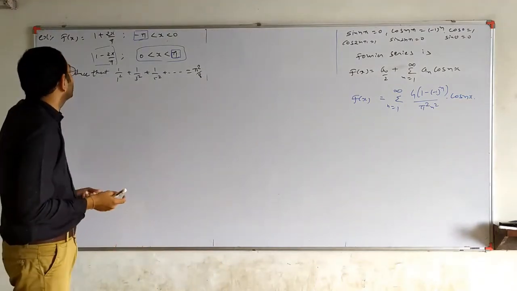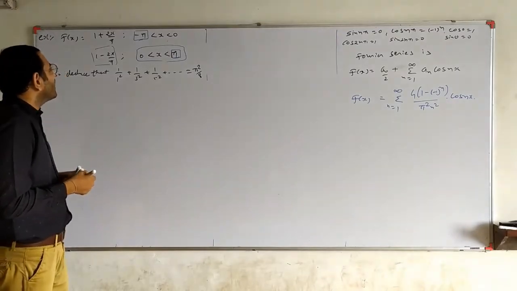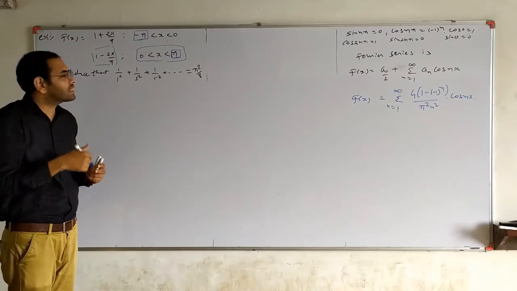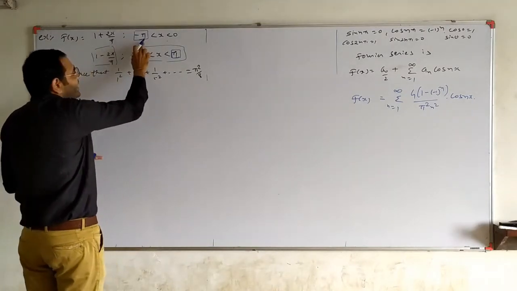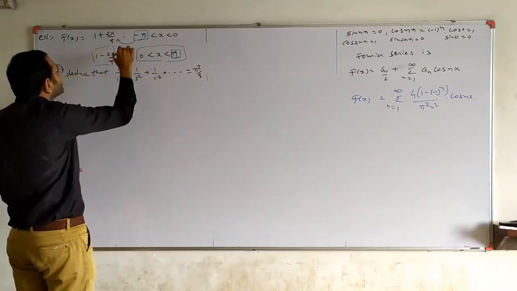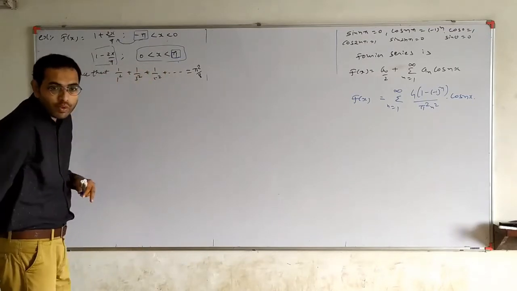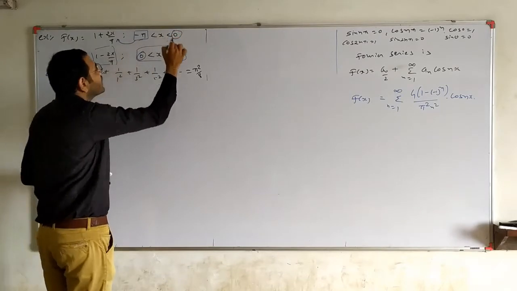Here the given function is a discontinuous function. In an earlier lecture I already explained what a discontinuous function is. Here, in the range of x from minus pi to 0, the function has value 1 plus 2x by pi, and from 0 to pi, the function has value 1 minus 2x by pi. Then what about the 0 position?